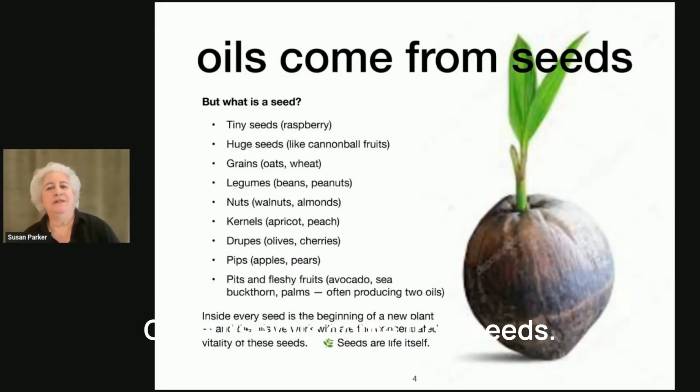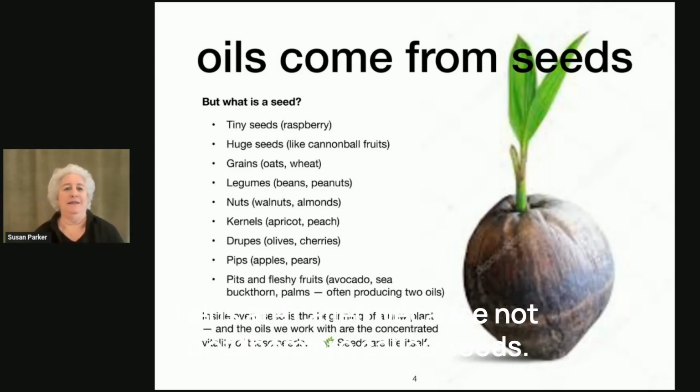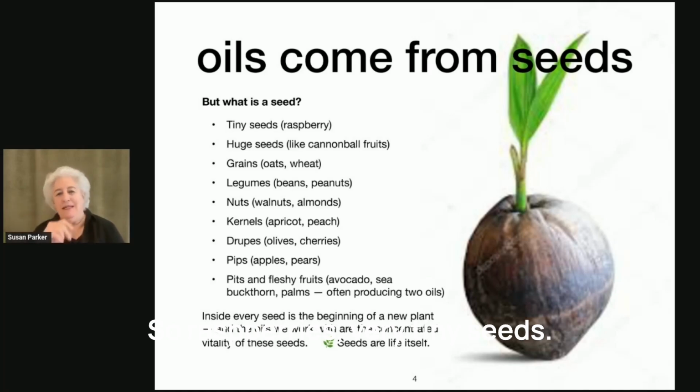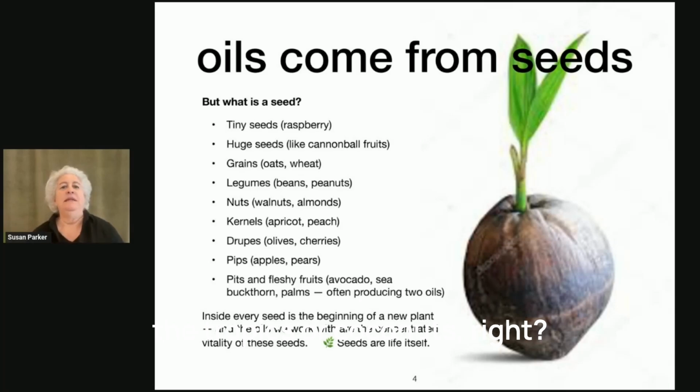Of course, oils come from seeds, the plant oils. I really love this list. I always try to find new lists of different types of what seeds are called, because not all of them are called seeds. So raspberries are very tiny seeds. And then we have huge seeds like cannonball type fruits from the tropics, or coconuts, right?